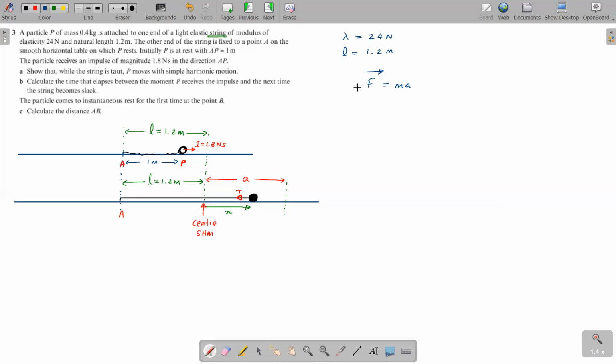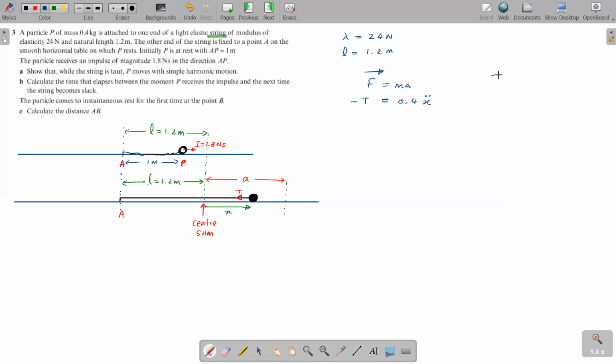So what do we get here? Tension is towards the center, right? So minus tension towards the center equals mass. Mass is 0.4, right? Into acceleration, which is x double dot. Are you with me?